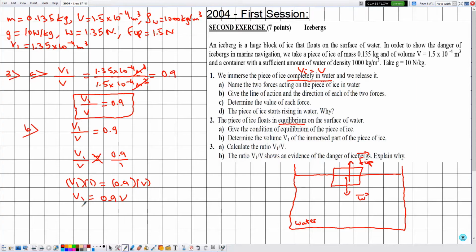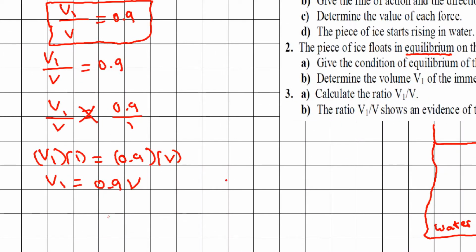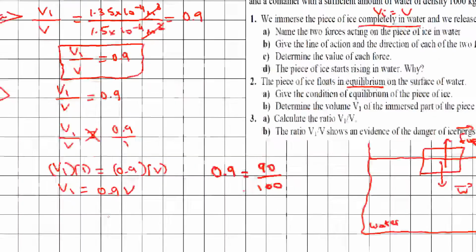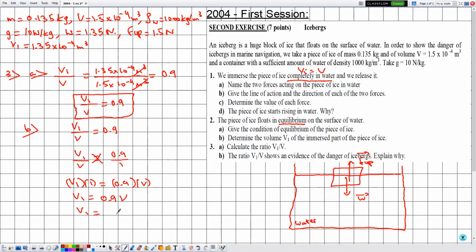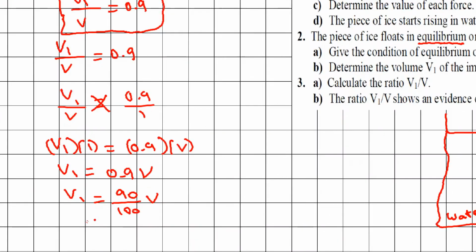Since we are interested in ratios and proportionality, this number 0.9 can be written as a fraction, which is equal to 90 divided by 100. So V1 is equal to 90 divided by 100. I could have written that 0.9 is equal to 9 divided by 10, but because we are interested in proportionality and percentages, let's write 0.9 as 90 divided by 100 and not as 9 divided by 10.